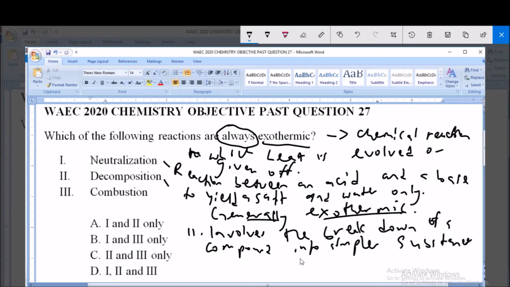So you have a compound, let's use this template AB, is broken down into these simpler substances. Now, whether a decomposition reaction is exothermic or endothermic depends, because you can have what is called thermal decomposition. And in thermal decomposition, you have to heat whatsoever compound you are trying to break down in order for it to dissociate into the simpler substances.